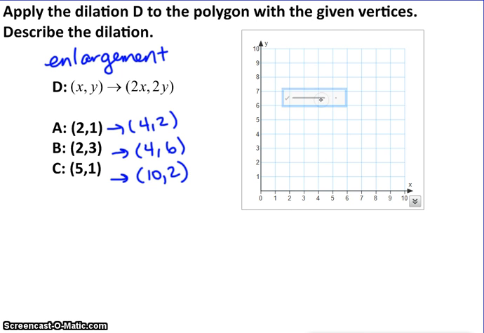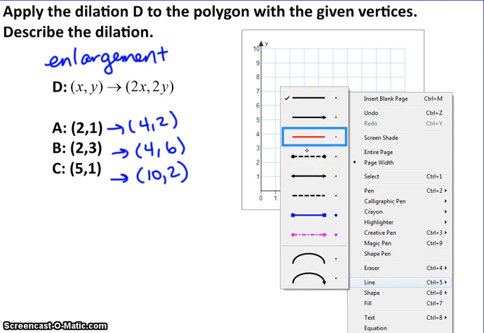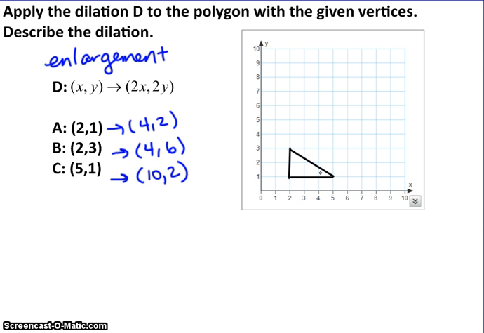So (2, 1), (2, 3), (5, 1). Alright, so that is my original figure. Now I'm going to get a different color line and do my enlargement. So (4, 2), (4, 6), and (10, 2). Alright, so there you have it. That is your enlargement with a scale factor of 2.